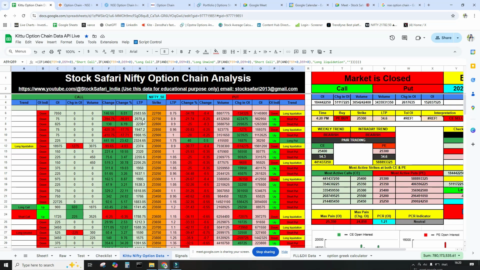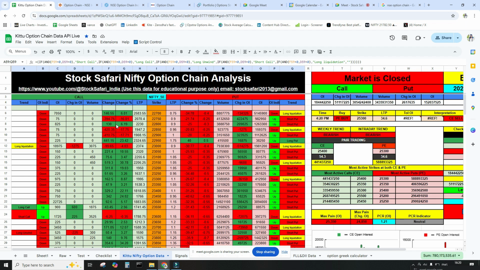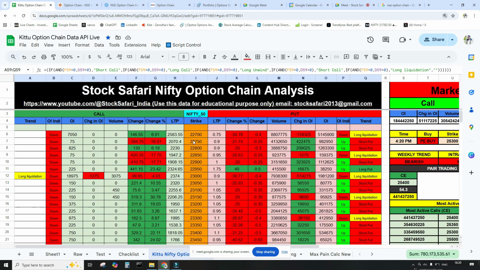On the top side, we have given this cell which talks about the LTP of the present strike price, the percentage change, and the points change. For instance, take the 22,700 strike price. The LTP for this strike is around 25,583. And what is the change of this LTP? It was around 6%, and in numbers around 146 rupees has changed compared to the previous close price.